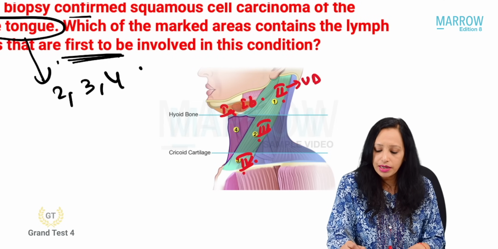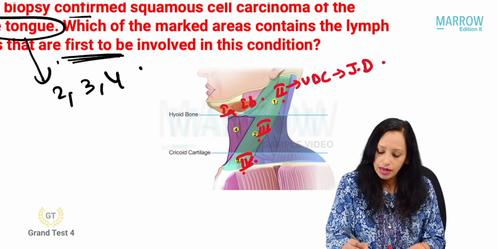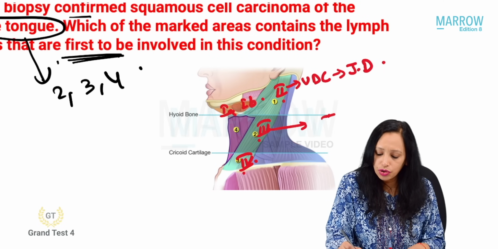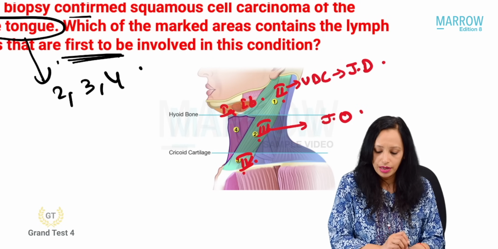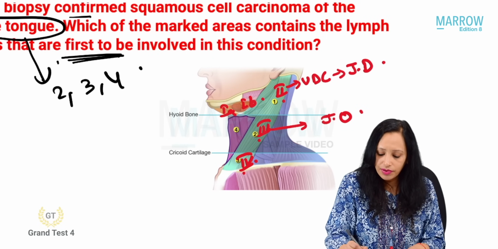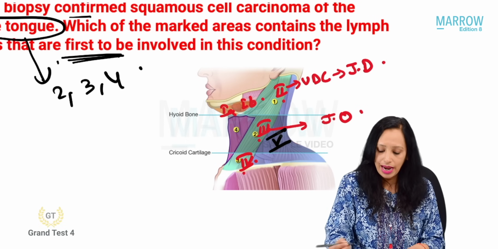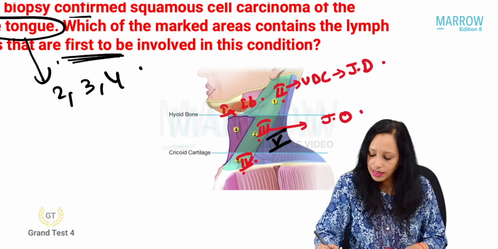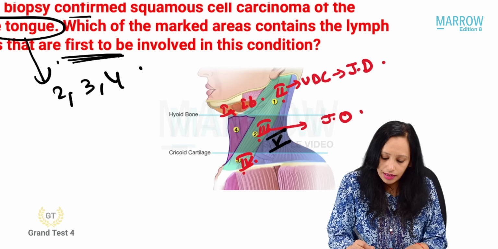The upper deep cervical is also known as jugulodigastric. The middle deep cervical is also known as jugulo-omohyoid. Now, so we have 1, 2, 3, 4. Where is 5? 5 is the posterior group. And where is 6? 6 is the anterior group.